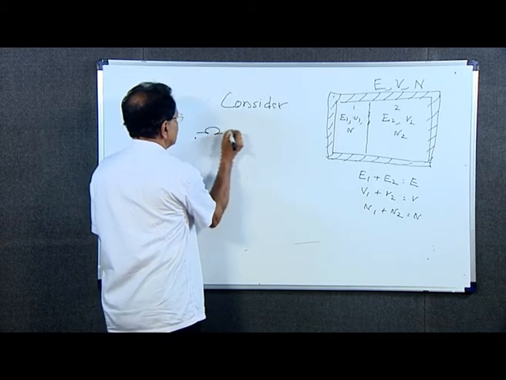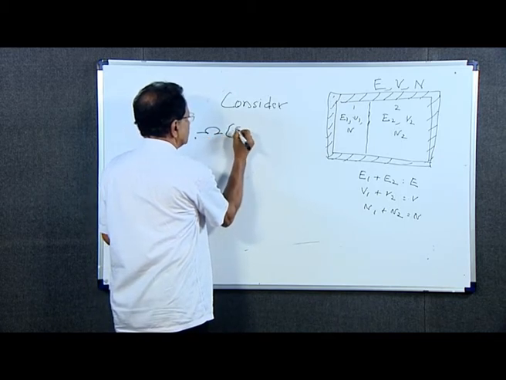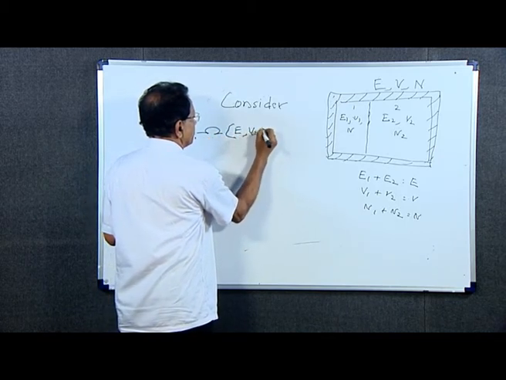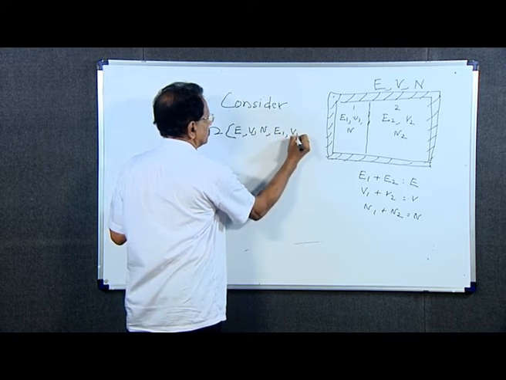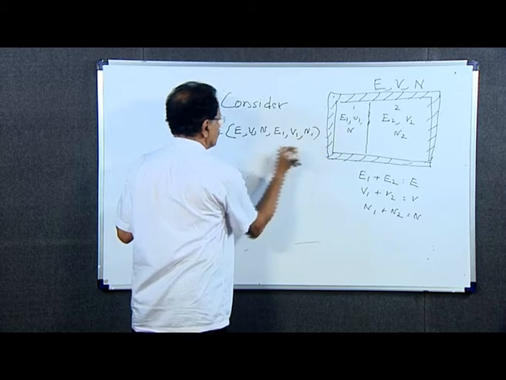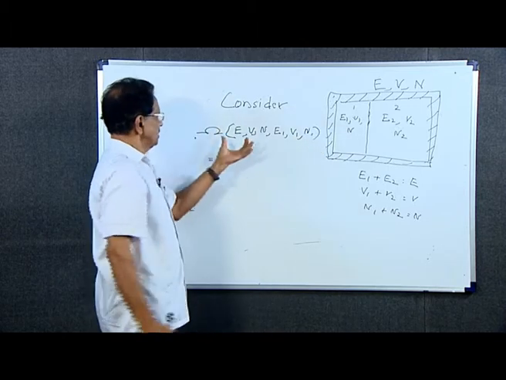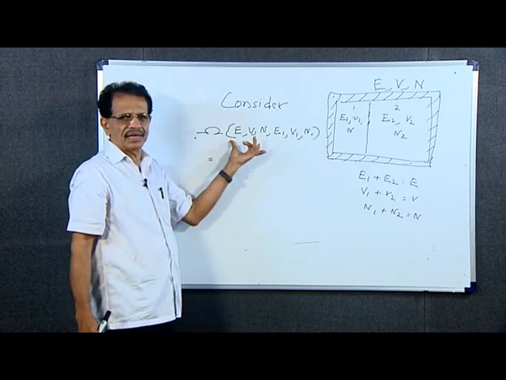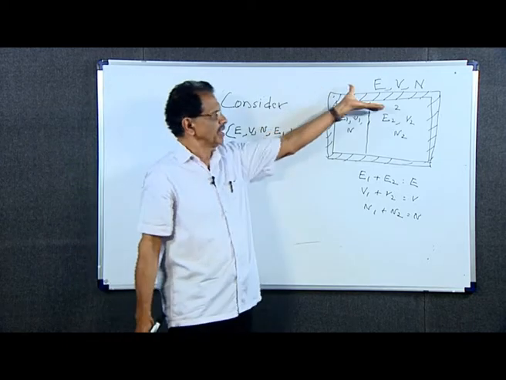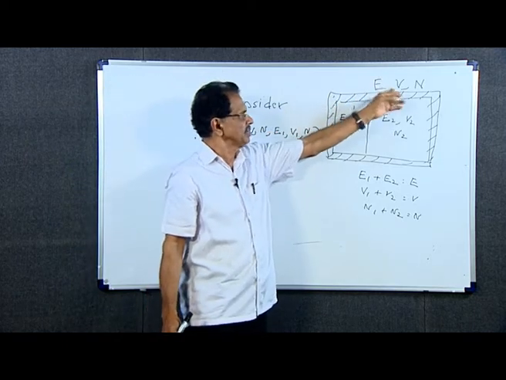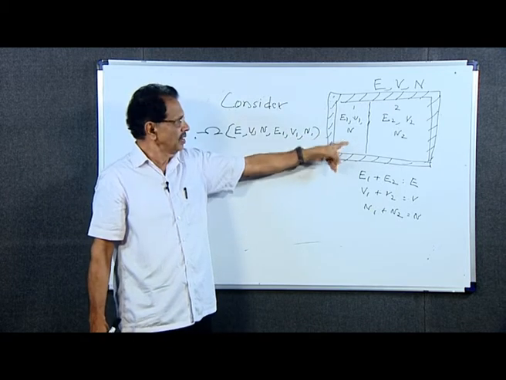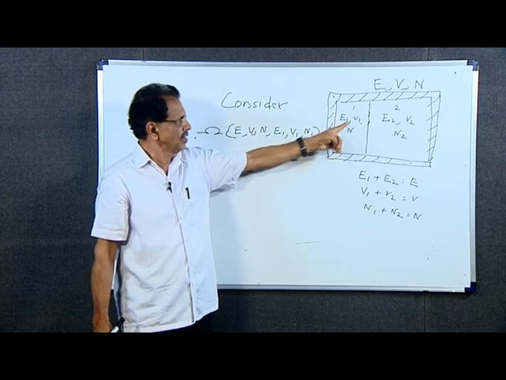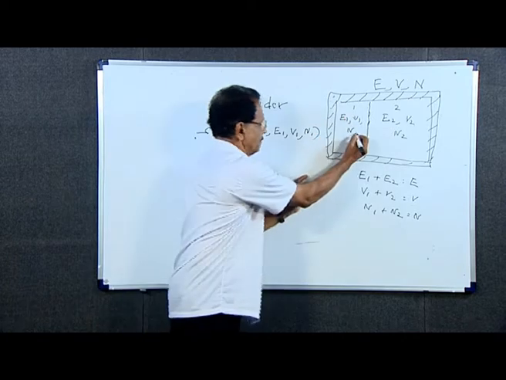Already we defined statistical weight as the number of microstates that characterizes this macrostate with parameters E, V and N, and a subsystem 1 with parameters as E1, V1 and N1.